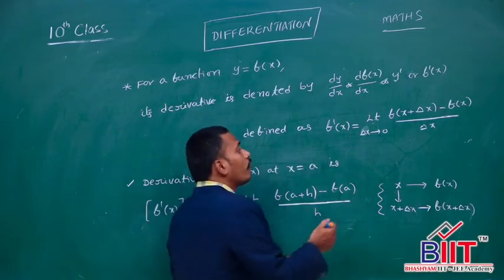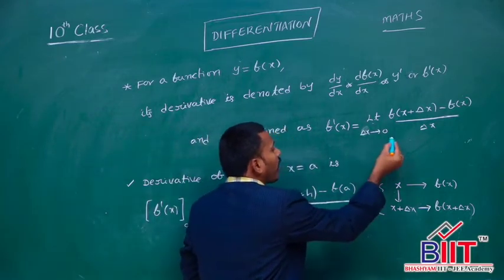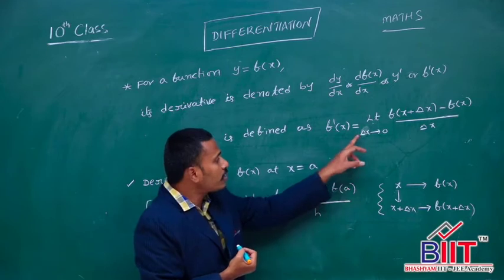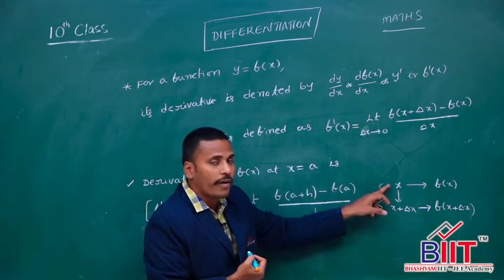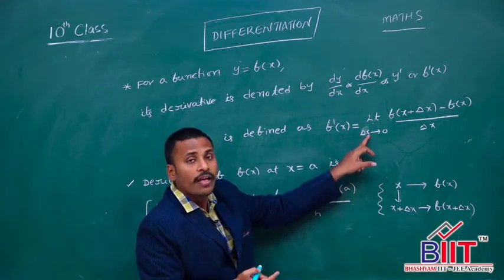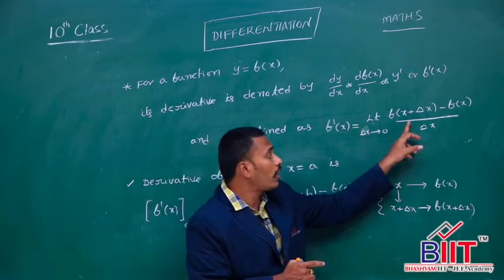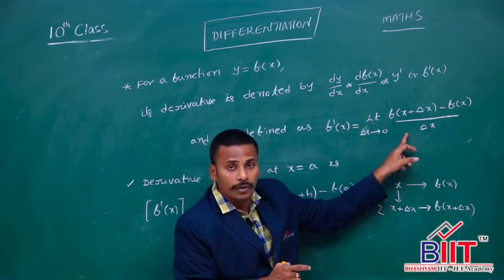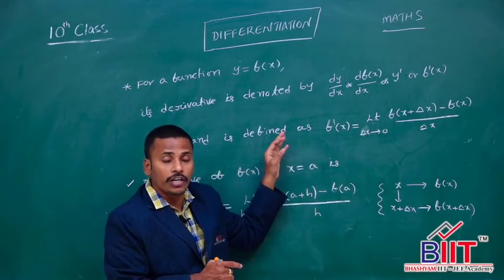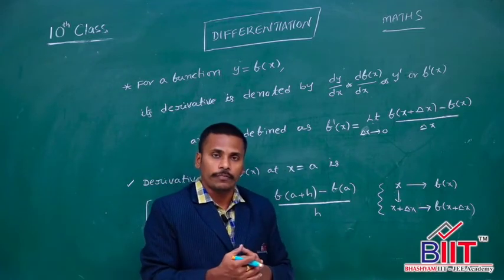For that we are including limit delta x tends to 0. That in the sense, if the difference between initial and final values is very small, then if you calculate this value, that represents the derivative of the given function at a particular point.